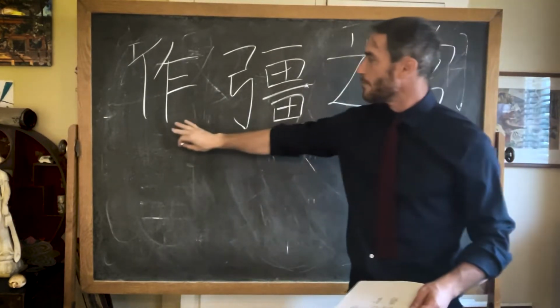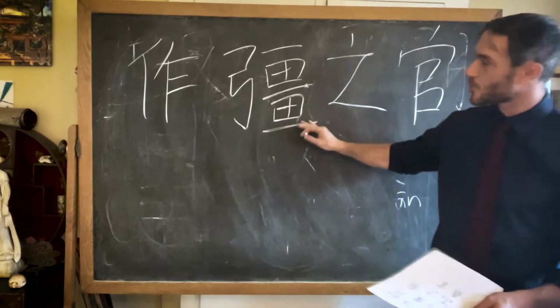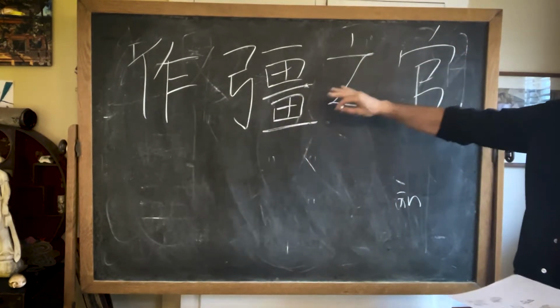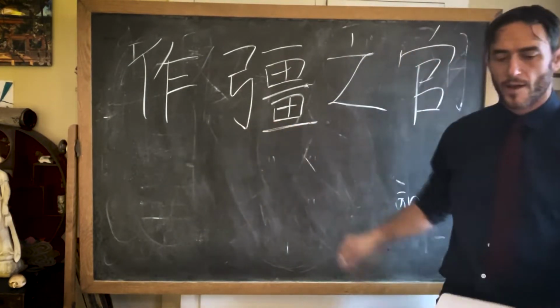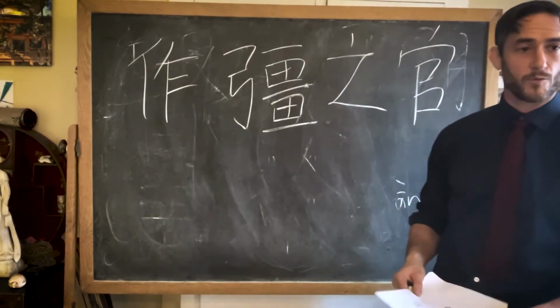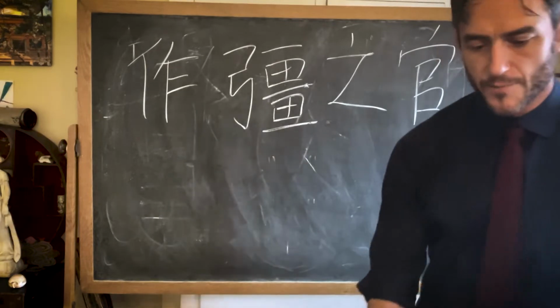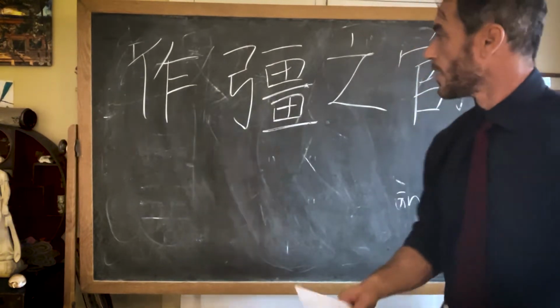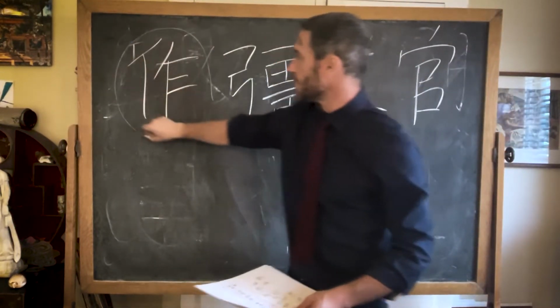It's the maker of strength, the official of the producer of strength. But this 做强 is very interesting in relation to the kidneys. This first part here, this 做, which means to do or to make.